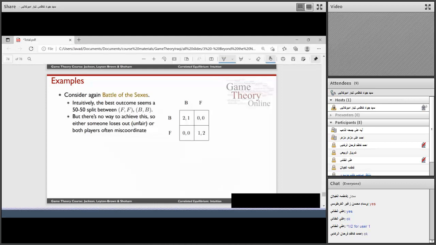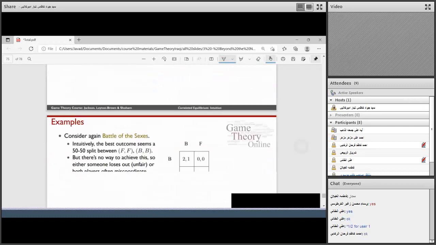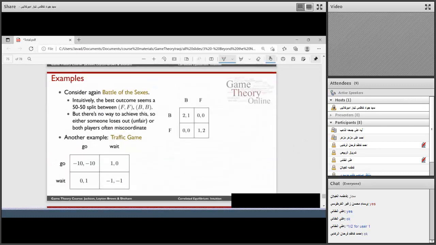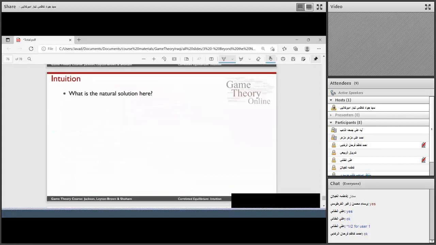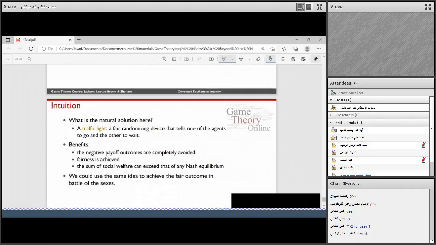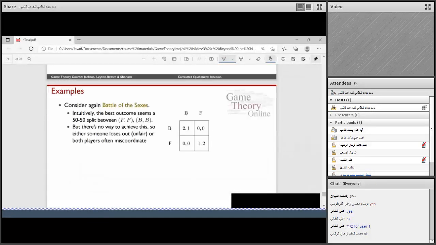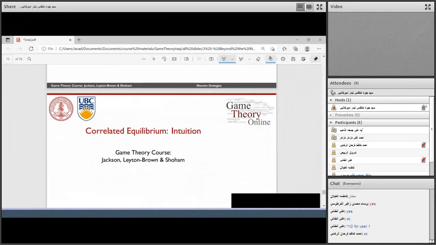So either someone loses out, or both players often miscoordinate. Consider again the battle of the sexes. Now the traffic game. What is the natural solution here? A fair randomizing device that tells one of the agents to go and the other to wait. Well, I guess we could wait until next session for this.